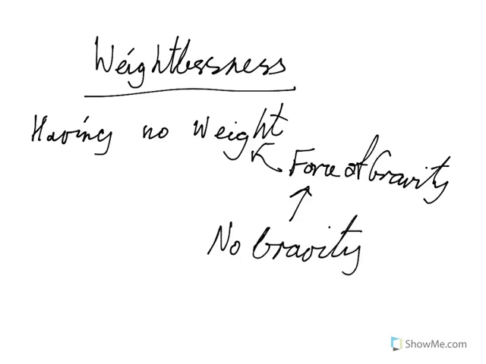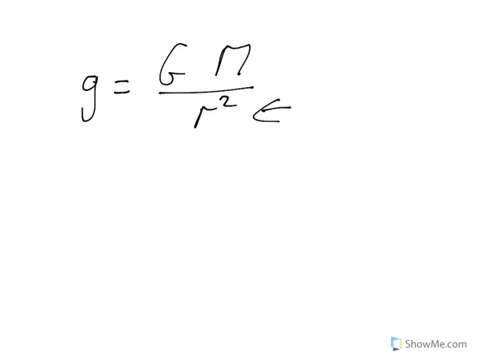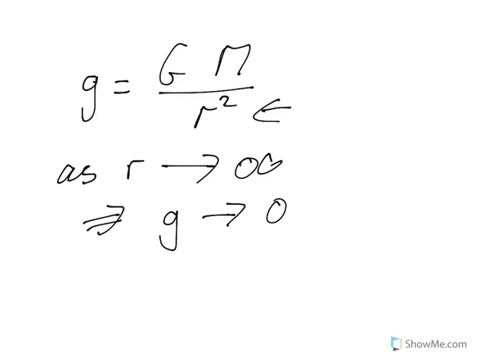To be truly weightless. Now, what we've said is that g, the gravitational field, is big G, big M over R squared. The radius down the bottom, so as our radius gets bigger, goes towards infinity, then that's going to mean that g will go towards 0.